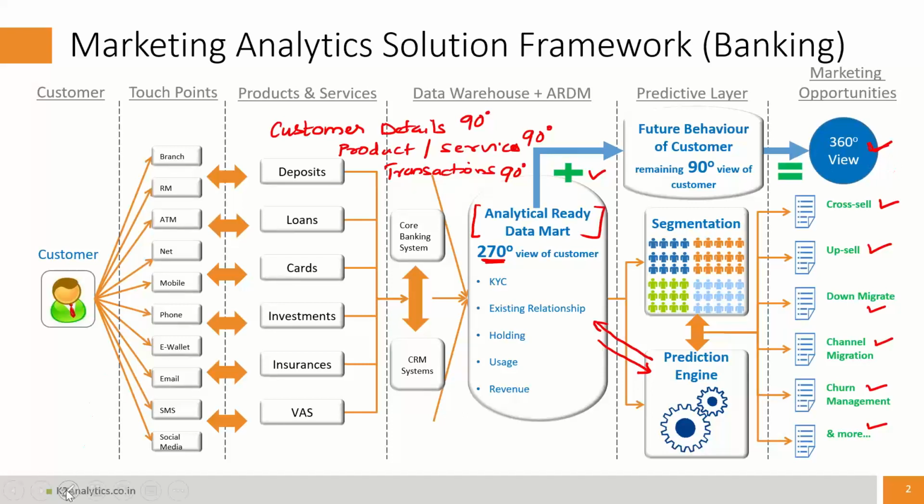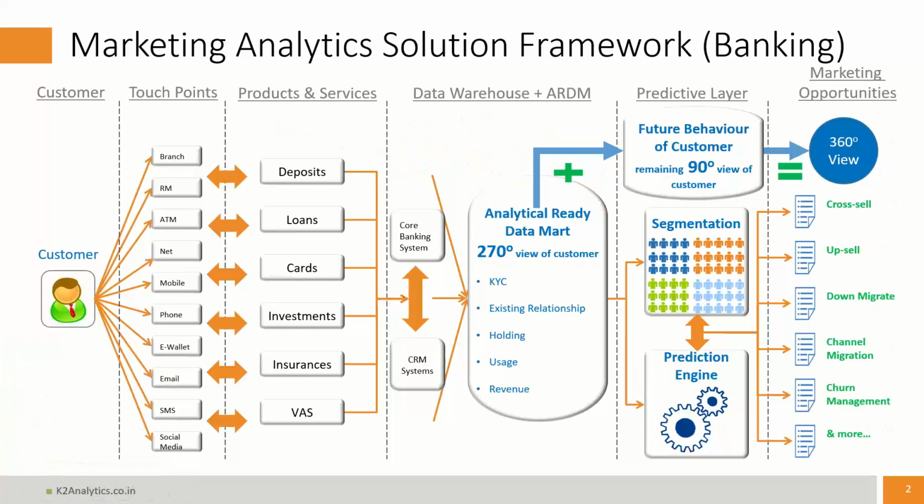Now, if you would not have done this ETL step, then building this predictive layer and finding out potential to cross-sell, upsell, down migrate would not be possible. Here we are talking only from a marketing standpoint.